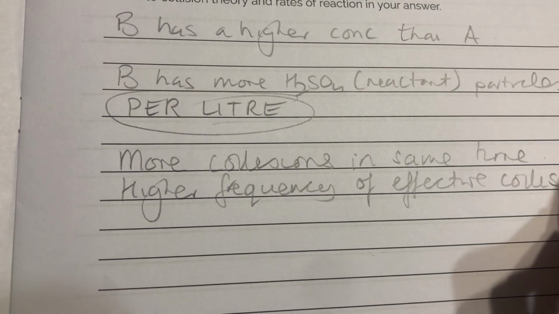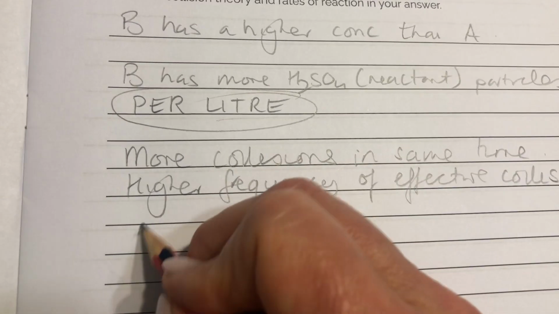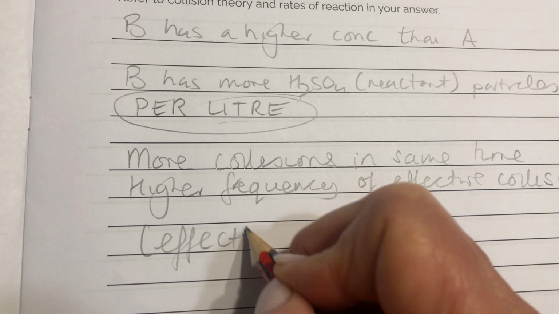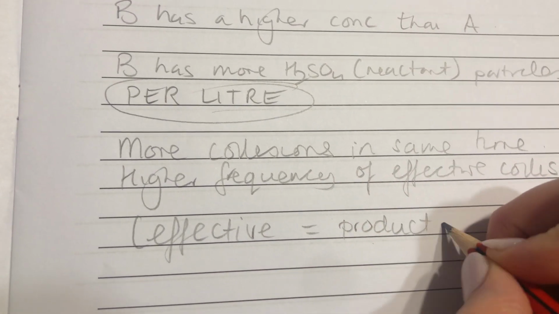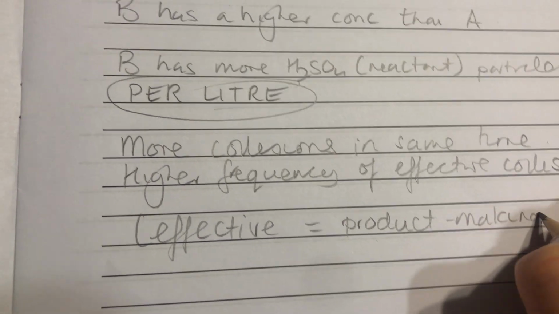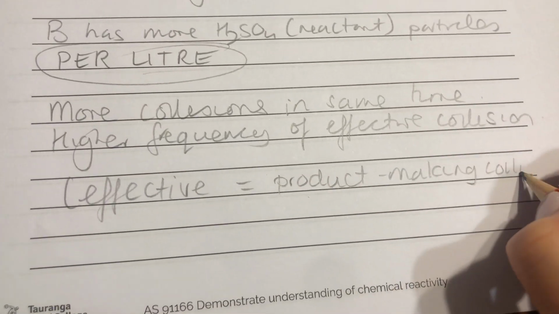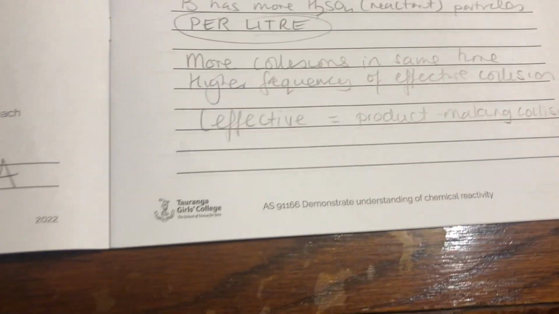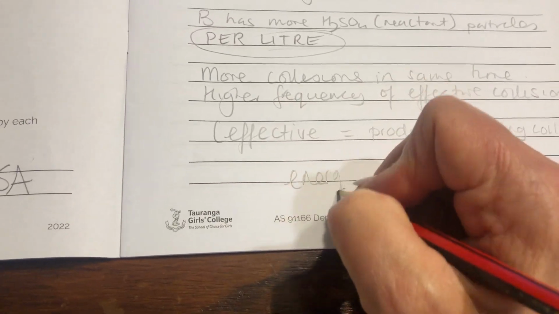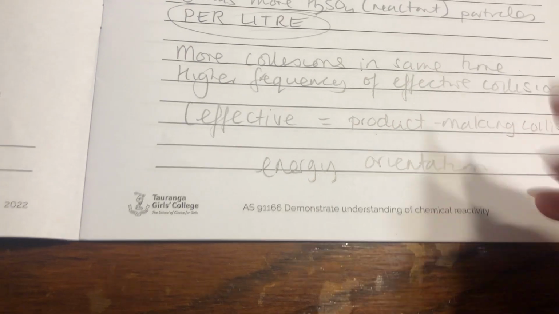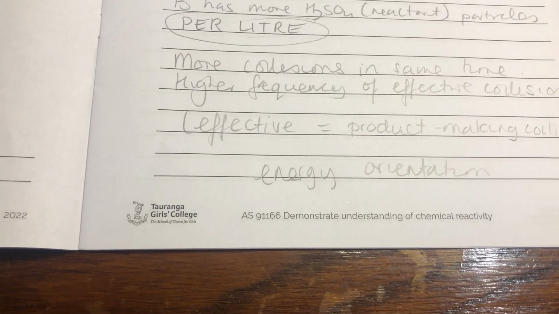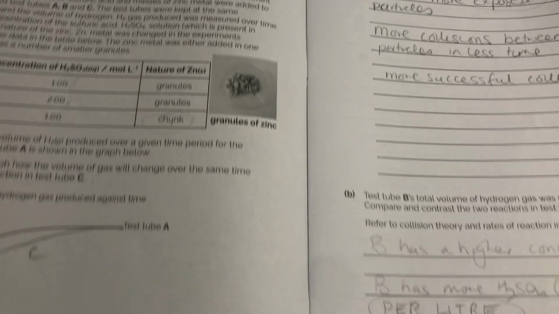And remember, an effective or successful collision equals a product making collision. Remember we learnt this last year, a collision that has enough energy and is in the correct orientation. But if you have more collisions, you will get more successful collisions. Okay, that's the second bit.